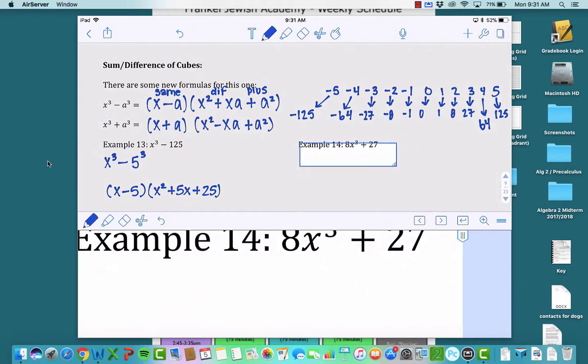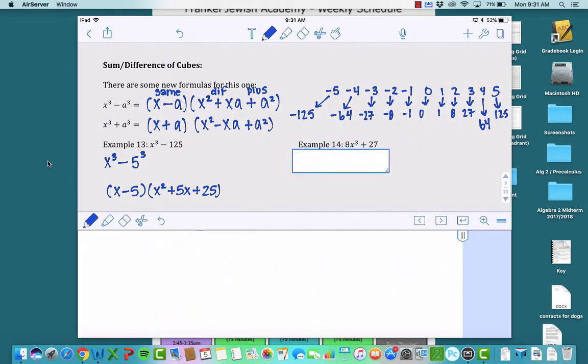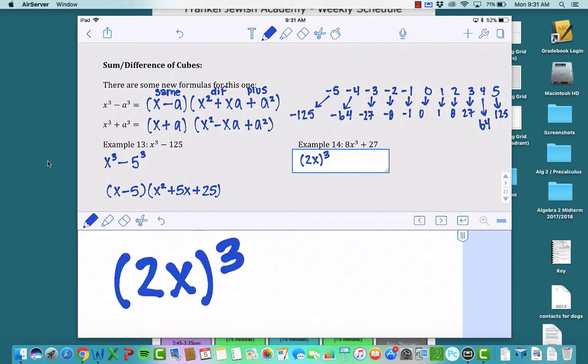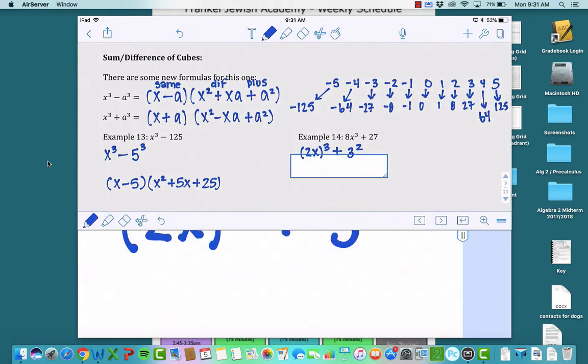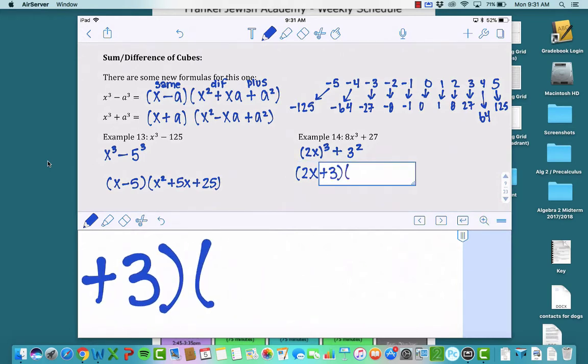So one more. If I look at example 14 and I compare it to my number chart above, I know that this is 2x cubed plus 3 cubed. So in this case, my first part is 2x, not just x. So when I factor it, I have to do 2x plus 3. I have to square 2x, which is 4x squared.